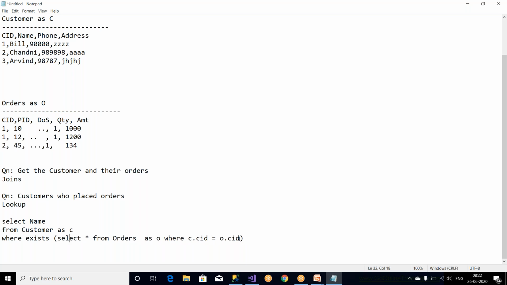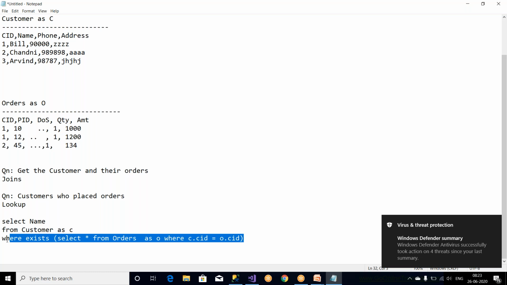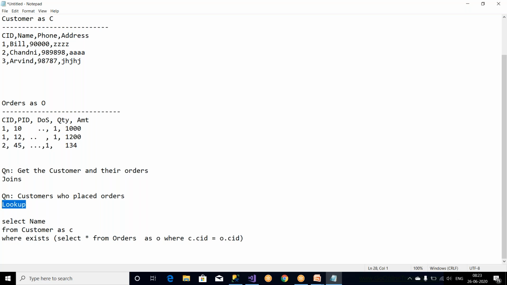So this is the query that I'm going to be using. Here I have written a correlated subquery. Clear? So I have used the EXISTS function. This is equivalent to lookup in your SQL. Am I clear? So even though you don't know what a correlated subquery is, what a subquery is, what an existence check is, without knowing anything, you will be able to simply use the lookup transformation inside your SSIS packages.